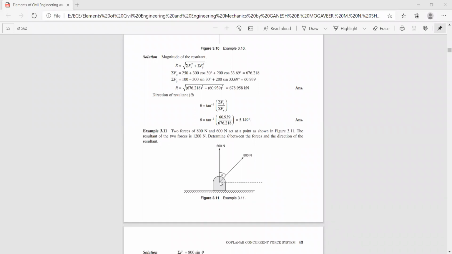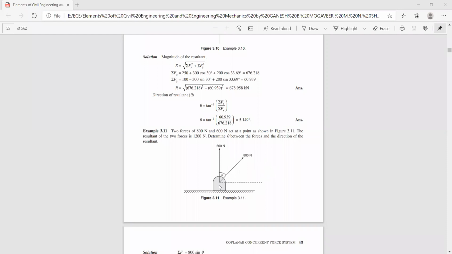Sigma f of x, in our case, you have only this one, correct? It may be 800 sine theta, or it may be 800 cos of 90 minus theta. So either it can be 800 cos 90 minus theta, or it may be 800 sine theta.